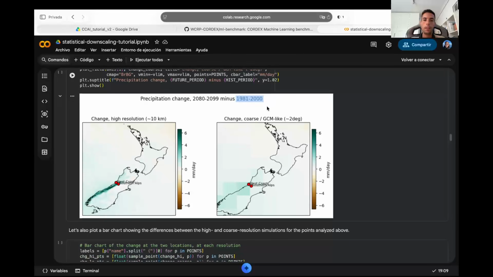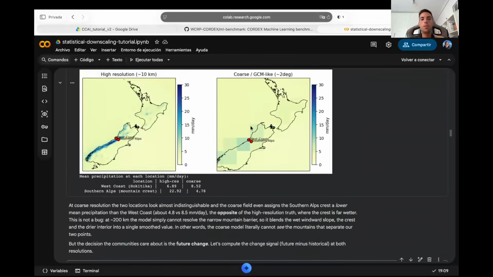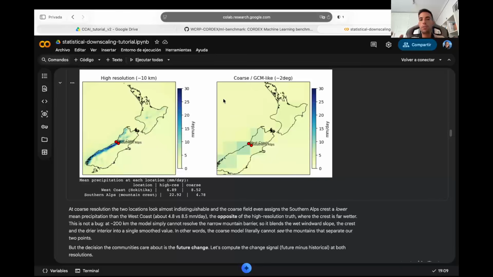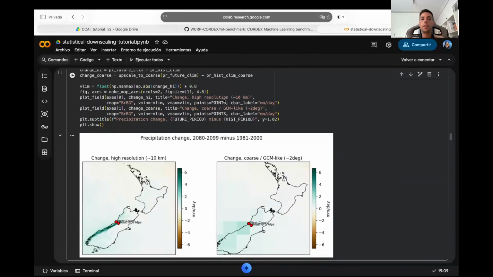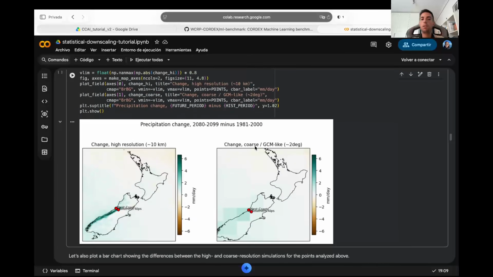And actually that also applies for the future, right? Imagine that this is the simulation of the GCM for a historical period, but imagine that I compute the climate change of the simulation of a GCM. The climate change is just the difference between certain variable in the future in comparison with some historical period. Here again we see the same effect.